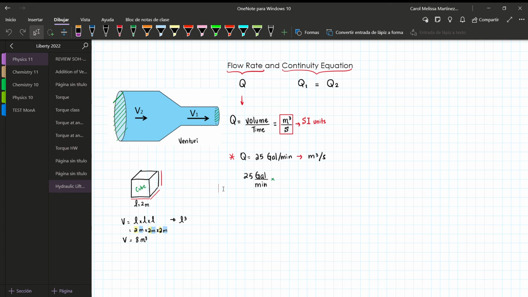For example, in 1 cubic meter, you have 1,000 liters, okay? 1 milliliter is equal to 1 cubic centimeter. These units are equivalent, okay?